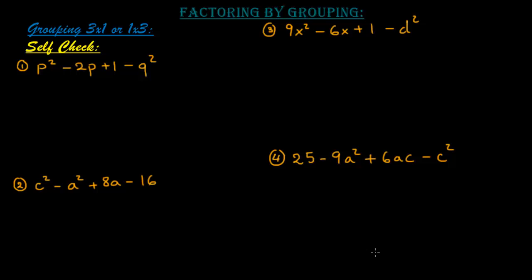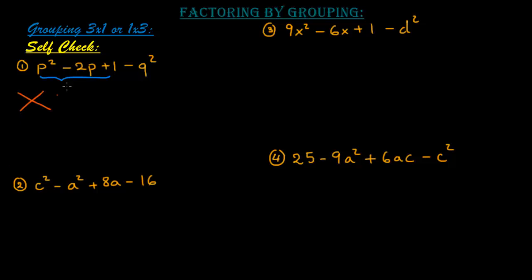So I believe you have your answer already, so let's go over each problem. So problem 1, we have p squared minus 2p plus 1 minus q squared. So what we're going to do is group 3 by 1. So we use the diamond form to factor the first 3 terms.